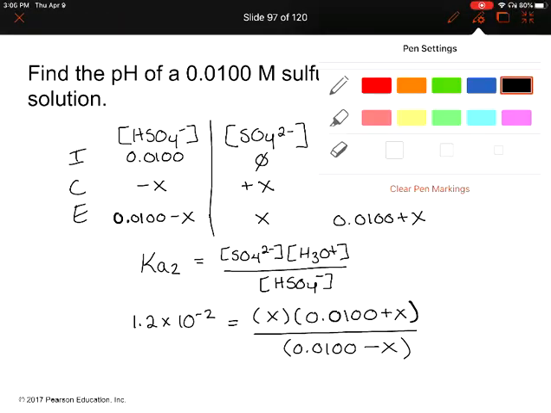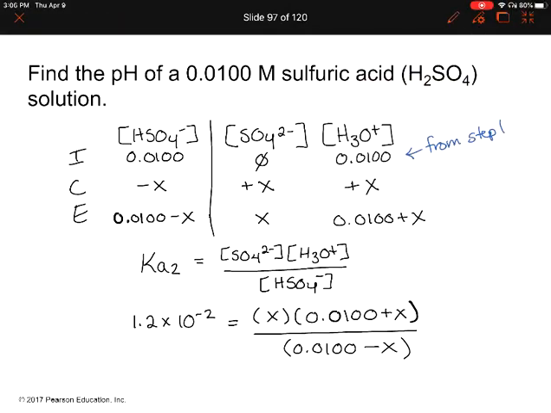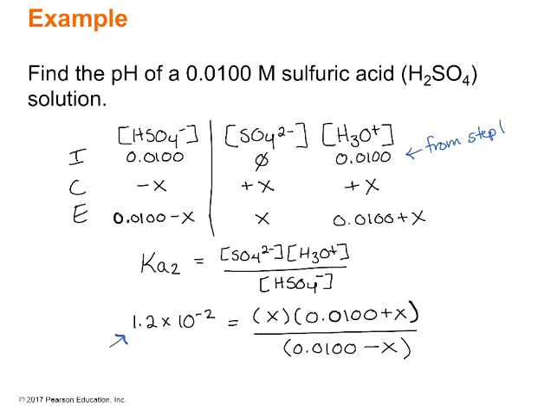All right, so unfortunately here, Ka is too large to make an assumption that x is small. Now, this does make sense because sulfuric acid is a strong acid.